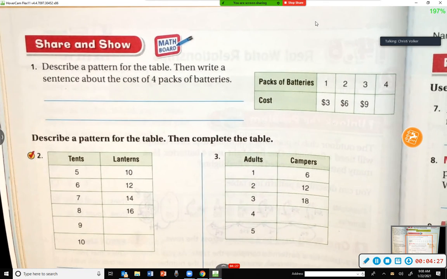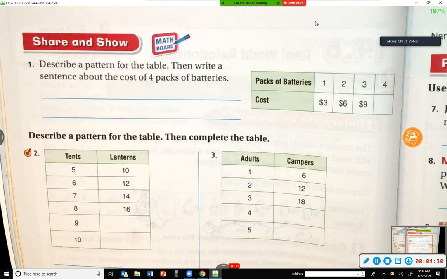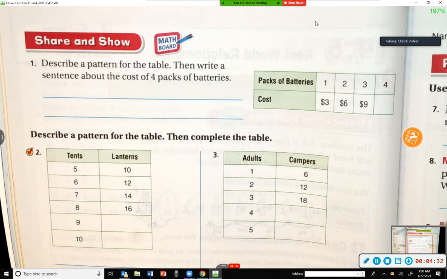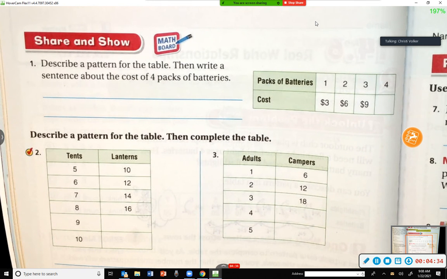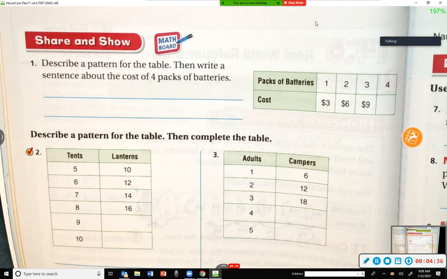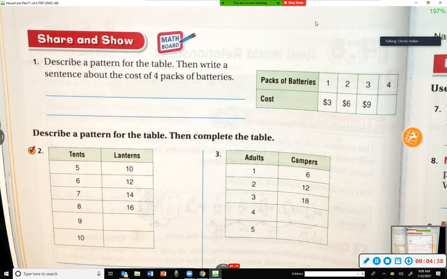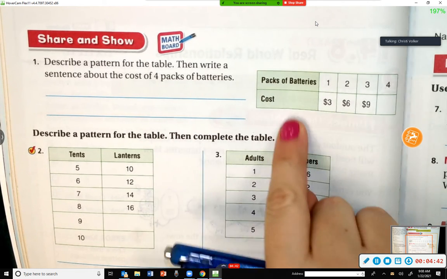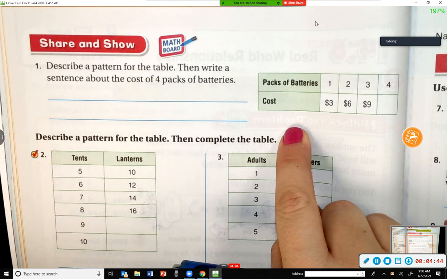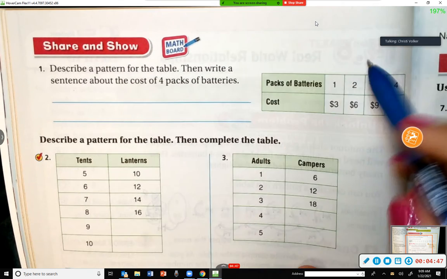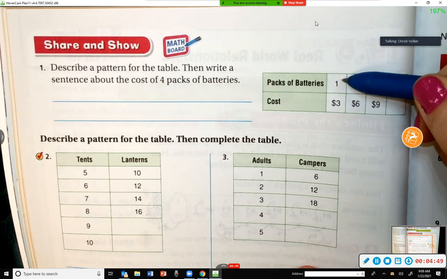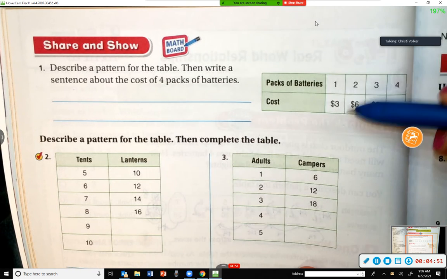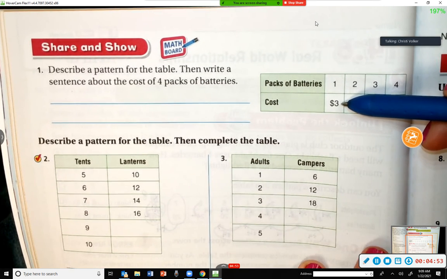Okay, so now we need to find the rule or the pattern, just like we did yesterday. That's the first thing we need to figure out: what is it doing? What's the pattern? So we're going to write a sentence about the cost of 4 packs of batteries. Okay, so I'm looking here at, for 1 pack of batteries, it costs $3.